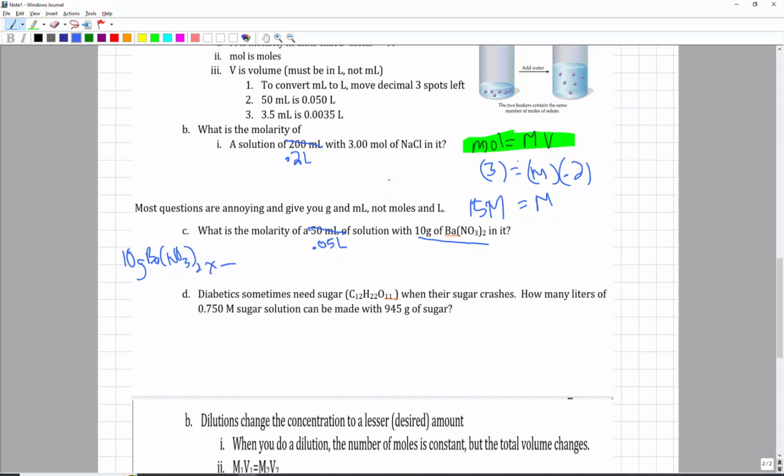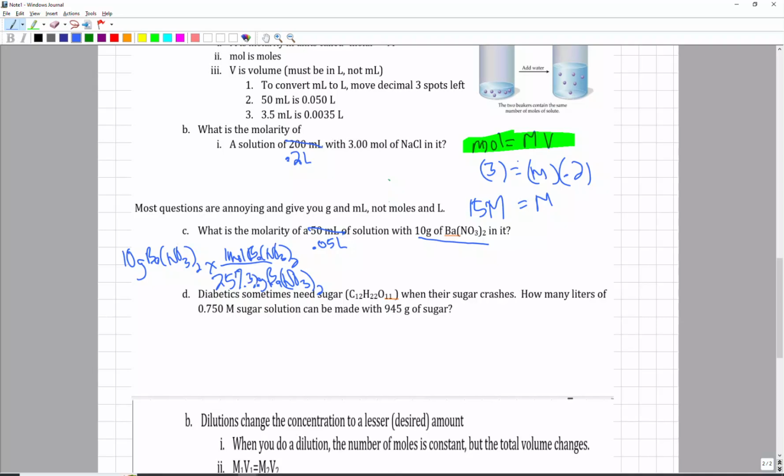Okay, so 10 grams of barium nitrate. Hey, we've done this before. 1 mole of barium nitrate, and then grams of barium nitrate. So I go to the periodic table. Barium's 137.3 plus 28.02 for 2 nitrogens plus 6 times 16 for 6 oxygens. I get 261.32.